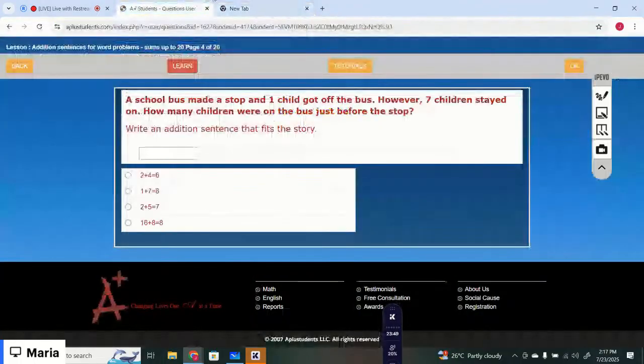A school bus made a stop and one child got off the bus. Seven children stayed on. How many children were on the bus just before the stop? So which is the correct option?